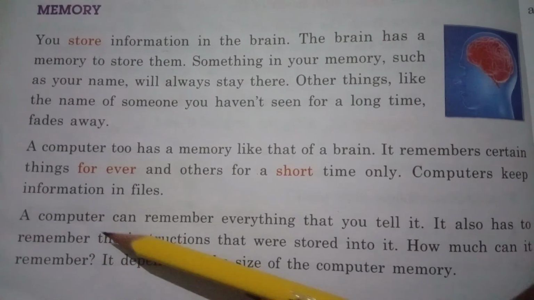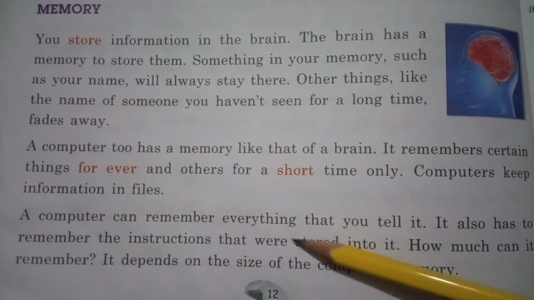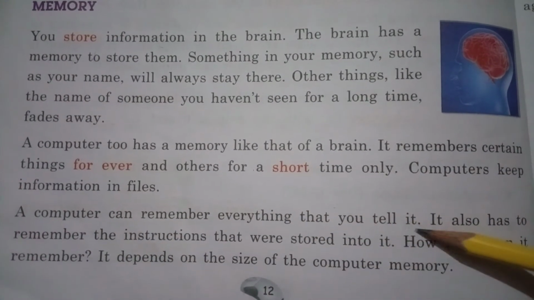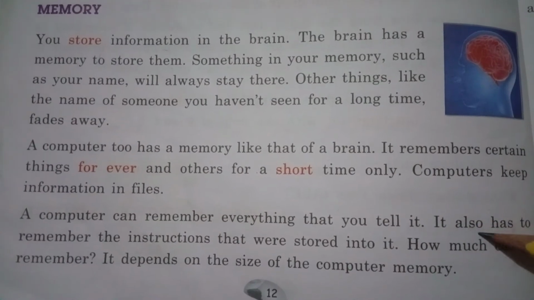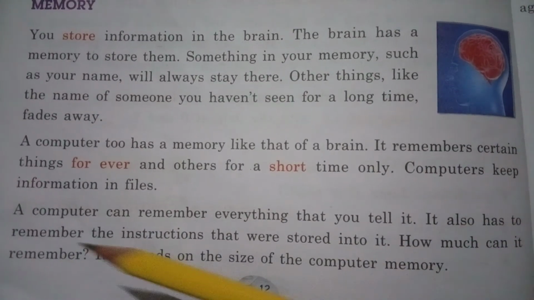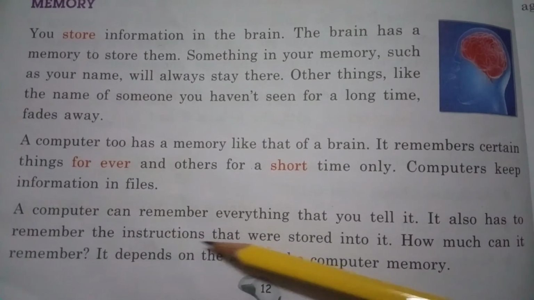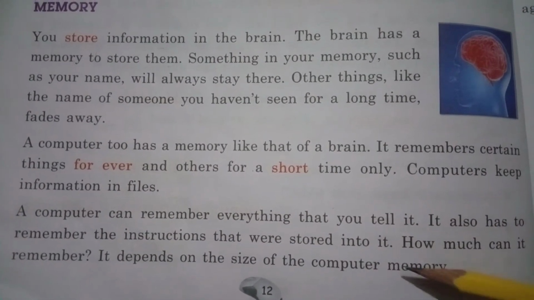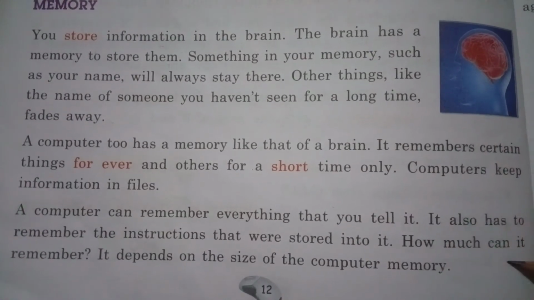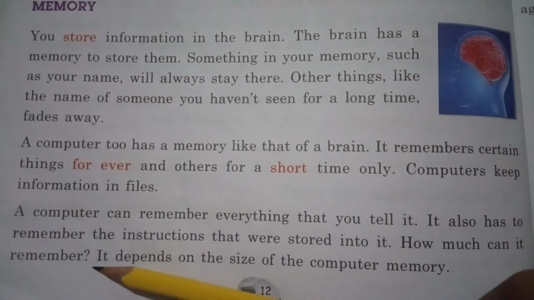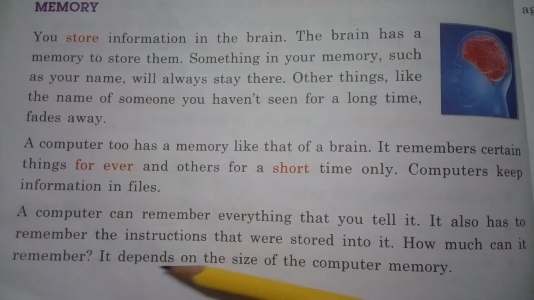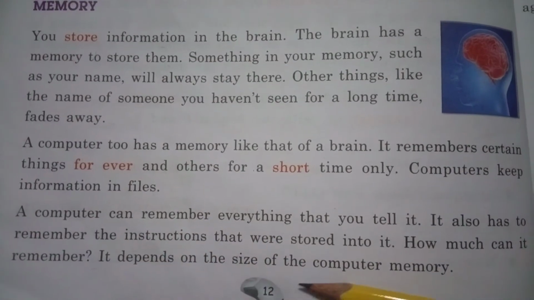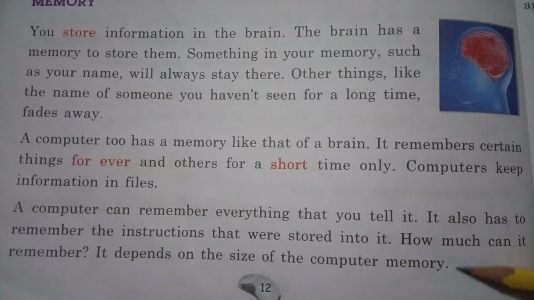A computer can remember everything that you tell it. It also has to remember the instructions that were stored into it. How much can it remember? It depends on the size of the computer memory.